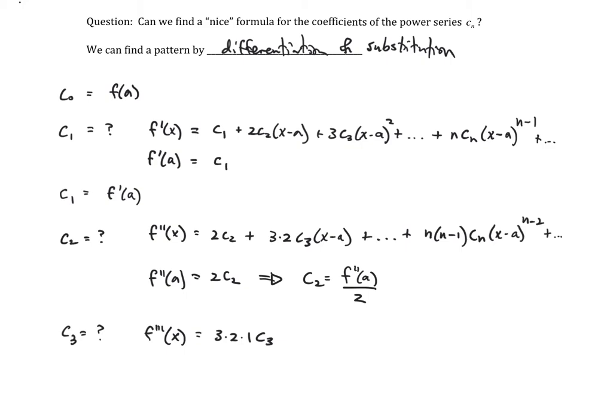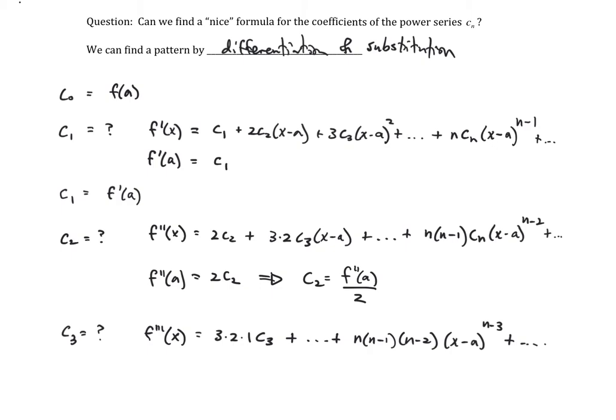And then when we keep differentiating the rest of the terms, we're going to get that the general term should be n times n minus 1 times n minus 2 times x minus a to the n minus 3, and so on. So what happens when I substitute in a for x?